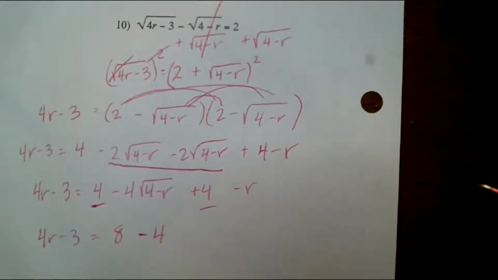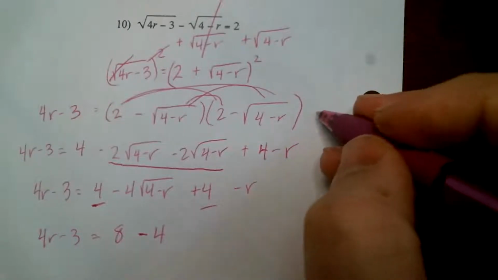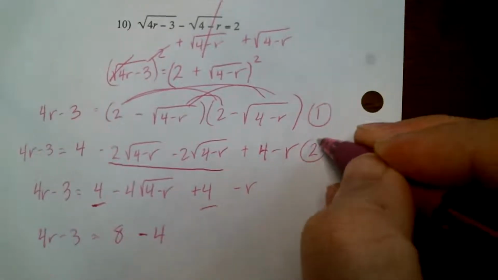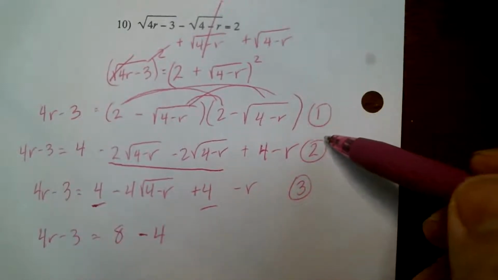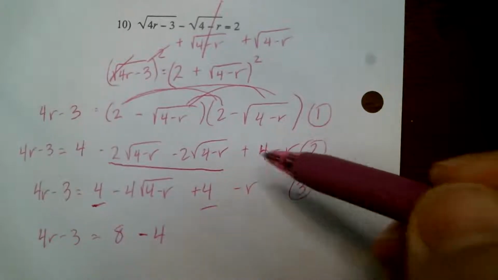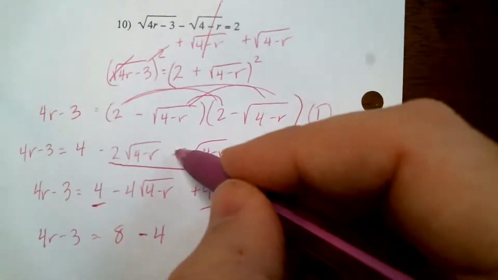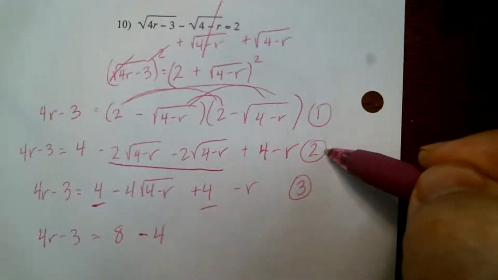Maddie said the 4 before the radical should be positive. What line are you talking about, Maddie? Oh, you're saying this 2 right here, the 2 here on line 2, right, Maddie?